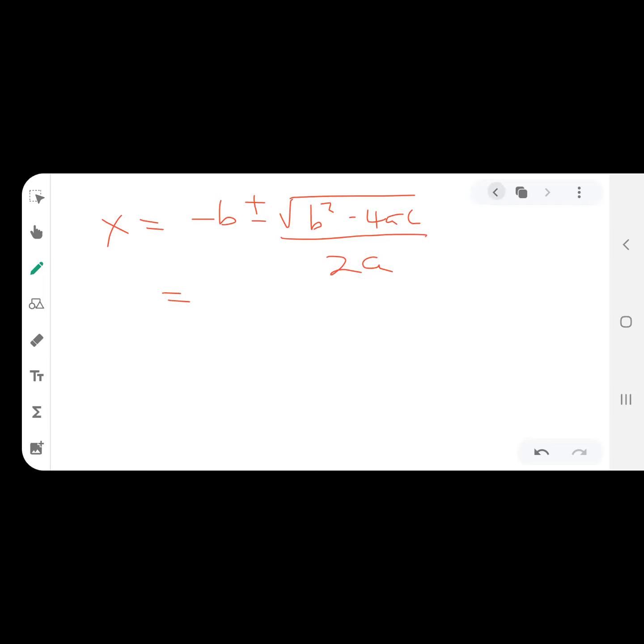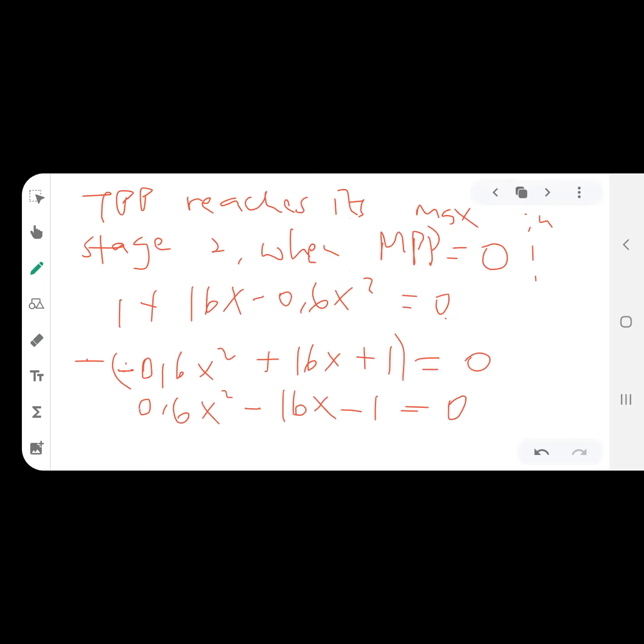So this equation of yours is written in the form ax squared minus bx minus c equals 0. Do you agree? Yes.